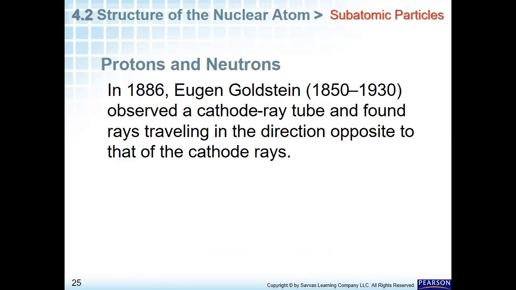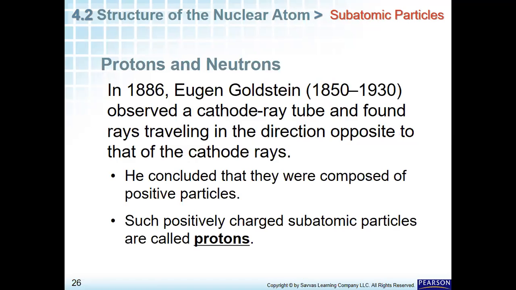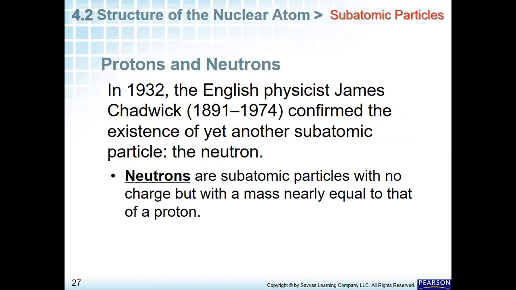In 1886, Eugene Goldstein studied the cathode ray tube and noticed that some rays were not going in the same direction from the negative cathode to the positive anode, but some were going back to the cathode in the opposite direction. That led him to conclude that there are positively charged subatomic particles going back. They are called protons.